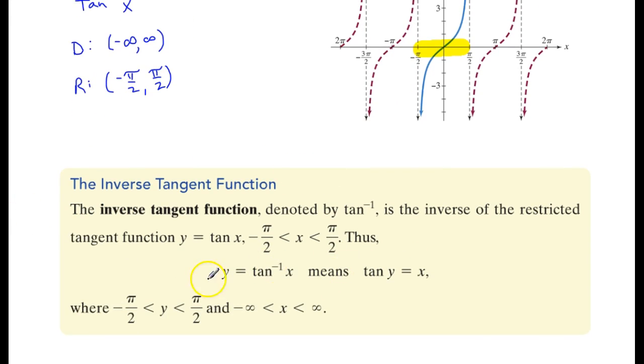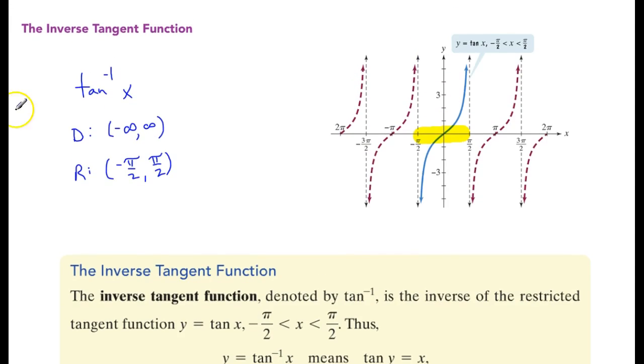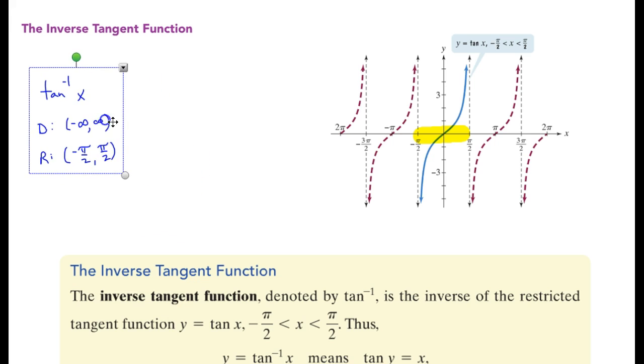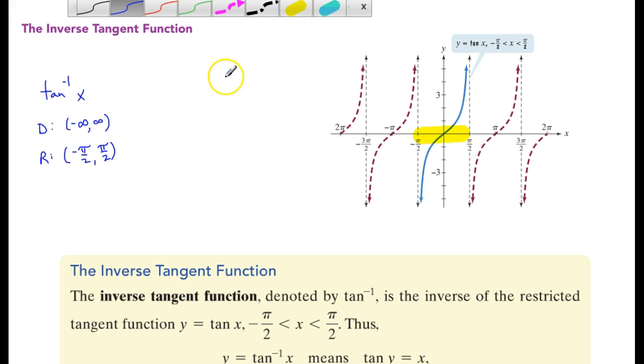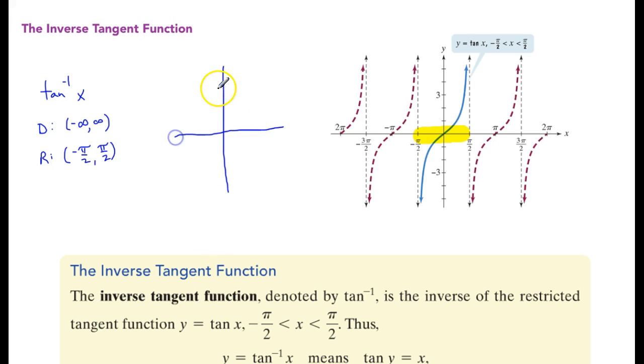Okay, arctangent, same as before, it's in the original unit circle. If we go back to the original unit circle, what is it that we're actually doing here? What does it mean? Remember, the original tangent function said that if I gave you an angle, the tangent would give you the slope of that angle, the slope of that line segment at that angle.